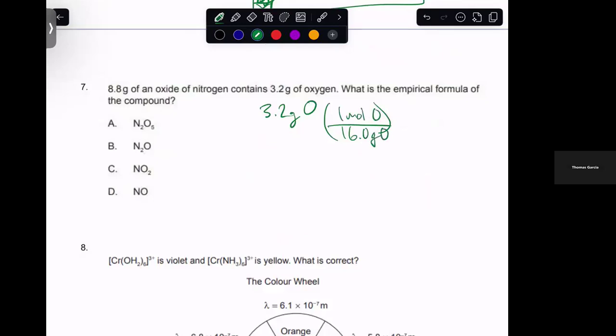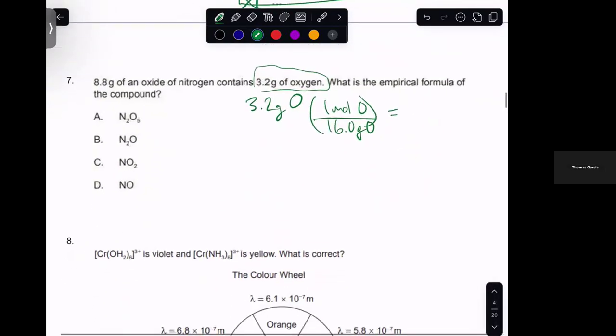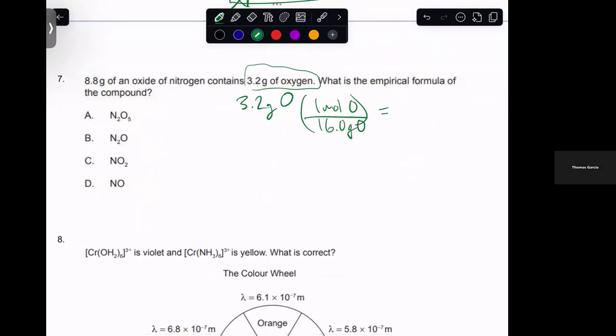Here we're talking about atomic oxygen, just O, because the whole thing is oxygen. If we said O2, we would have to say 32, but that makes it a little harder for empirical formula, so I'm not. 3.2 divided by 16 is 0.2.